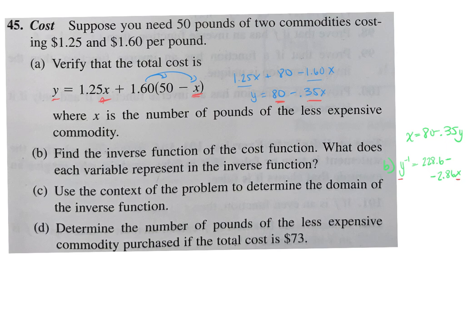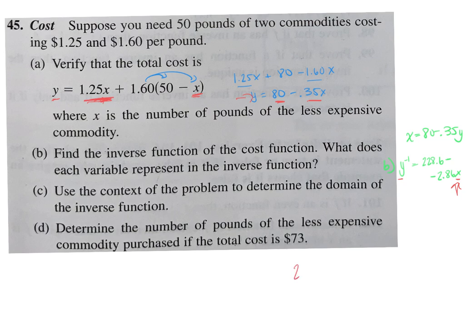All right, this is determine the number of pounds of the less expensive commodity, which is what I'm finding when I find X. That's what I did there. If the total cost is 73, I'm just going to put my cost in here. Okay, that's now my input. I could go back and plug it in up here if I wanted to, but I've already got it solved for that.